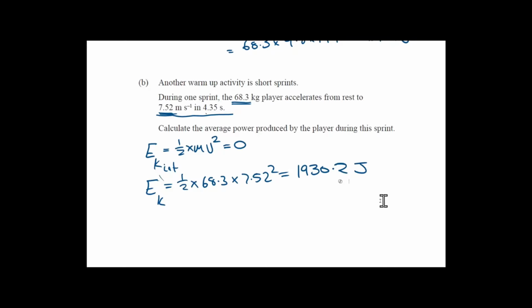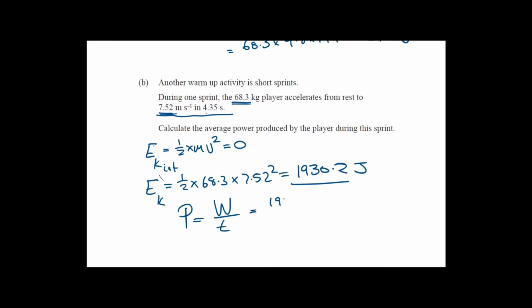We could work out the acceleration and then work out the force, and then force times distance, but this is going to take us there much quicker. So now, if we want to work out the average power, then capital P equals the work done, in joules, over the time it took us to do it.